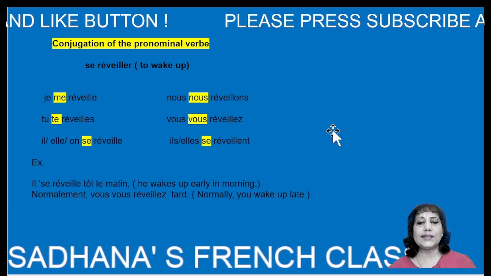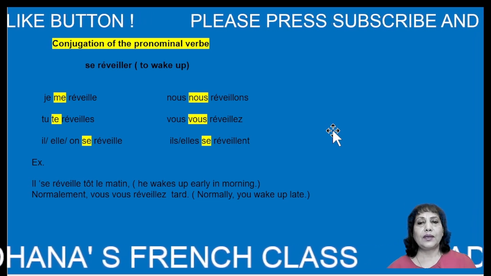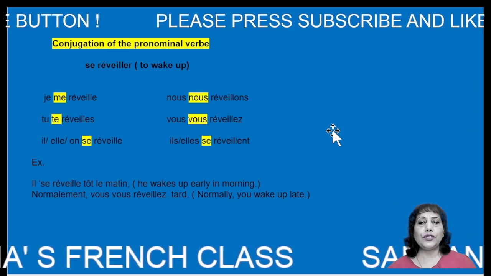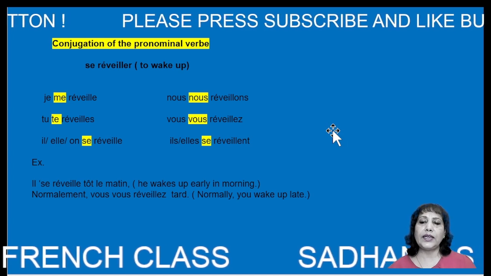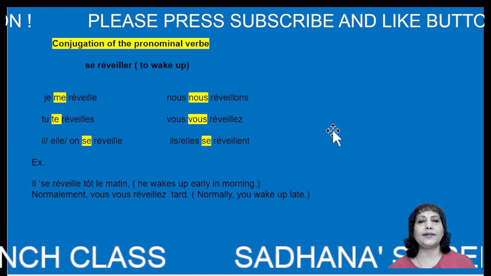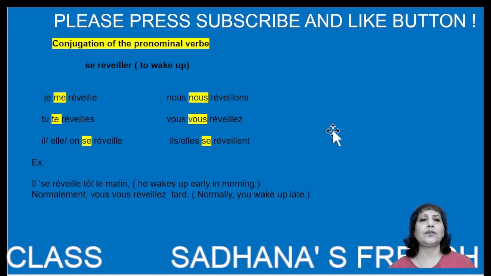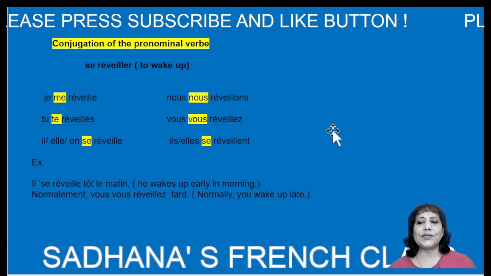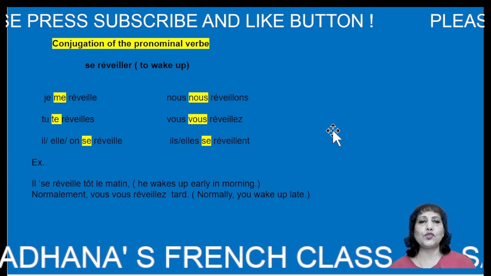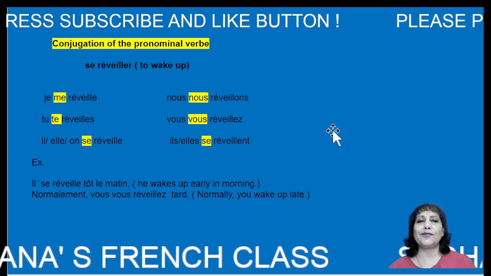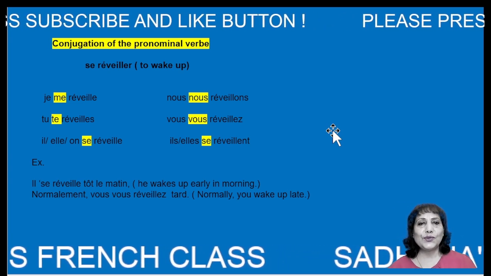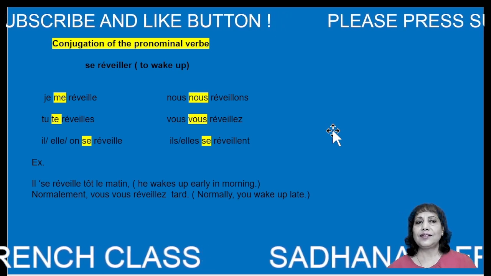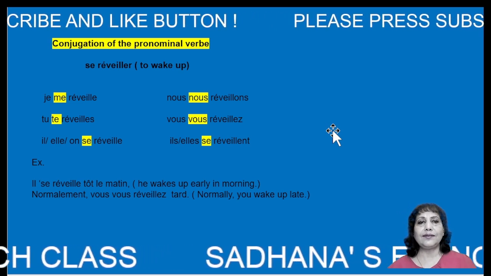So when we describe the everyday routine day, going to the office, coming back, then again preparing the dinner, and maybe watching TV or whatever activities you do all day, you describe that with these pronominal verbs. Most of them are pronominal verbs which are used in describing the typical day, one routine day.